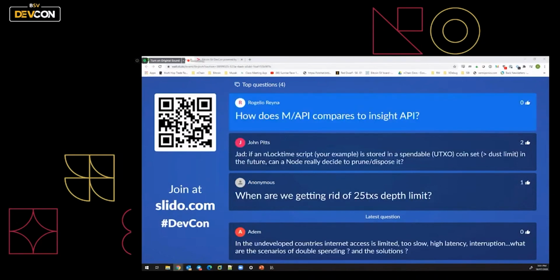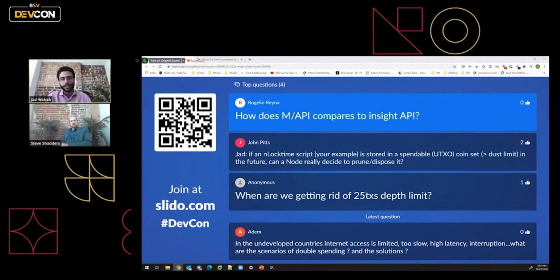As somebody who seems to be quite familiar with a lot of APIs, how does the merchant API compare with the Insight API? So I think the Insight API is sort of like the Matter Cloud API, the Matter Pool API, and the What's on Chain API.